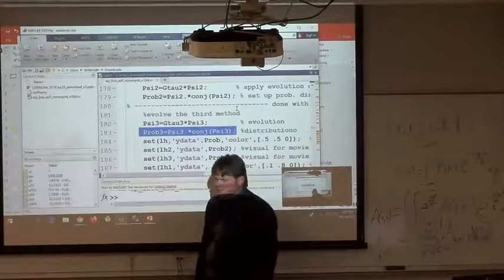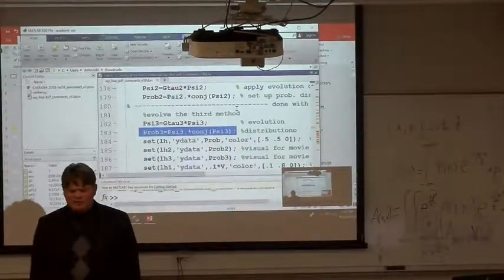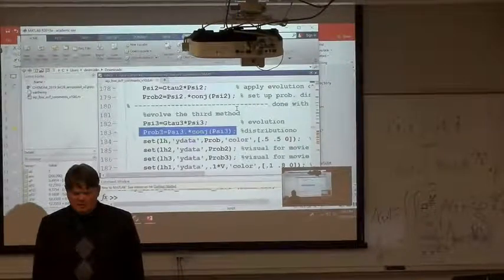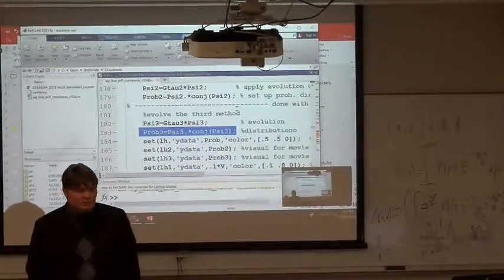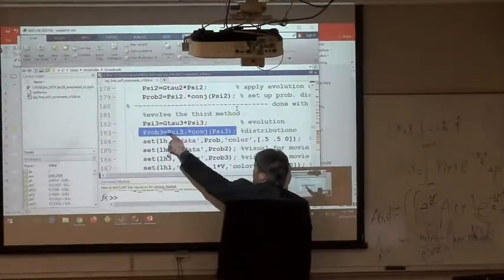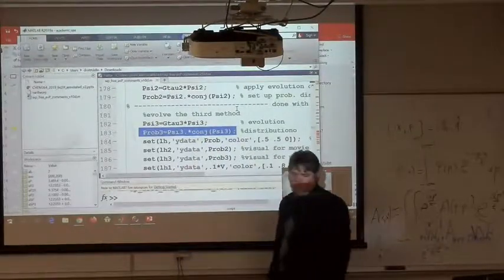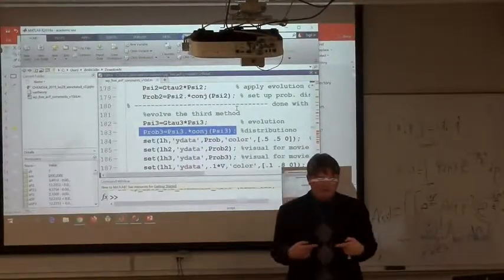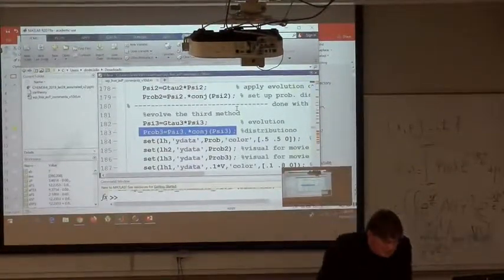If we do know that our operator for an observable is absolutely diagonal, like position, it's rare, it's not always, then instead of multiplying row by matrix by vector, we can just multiply the probability distribution by the values of the position.